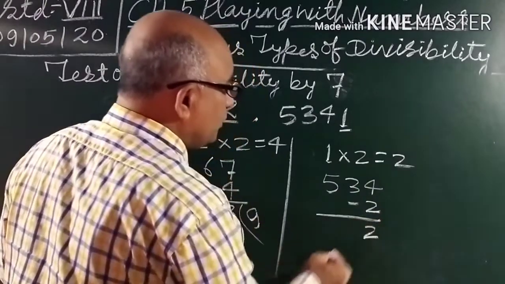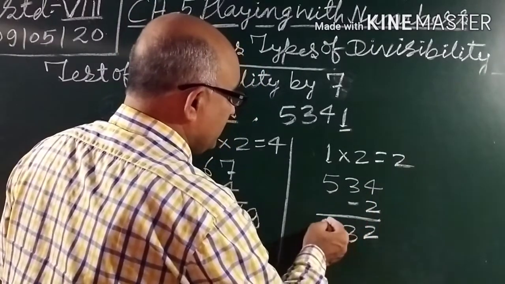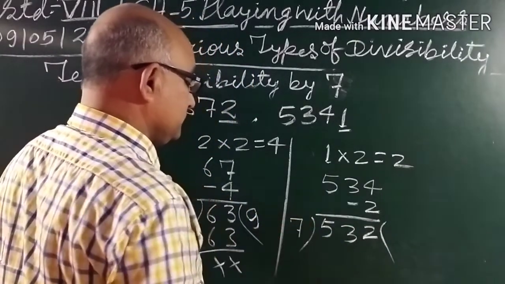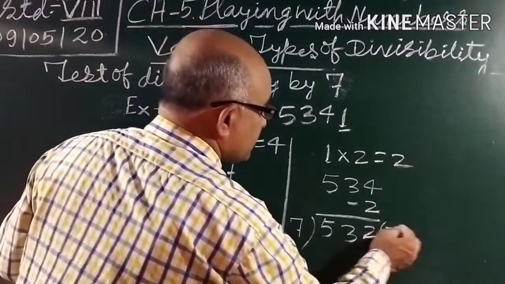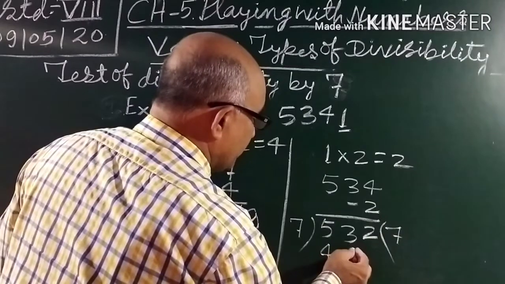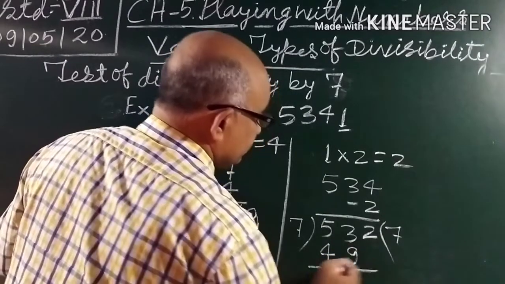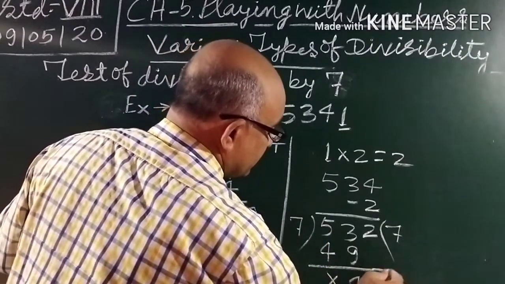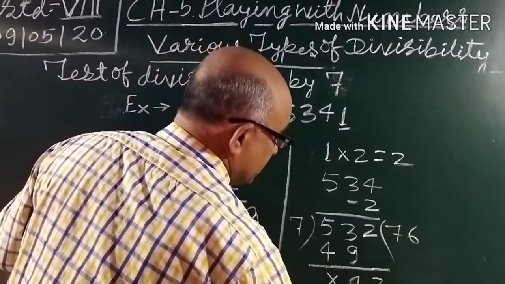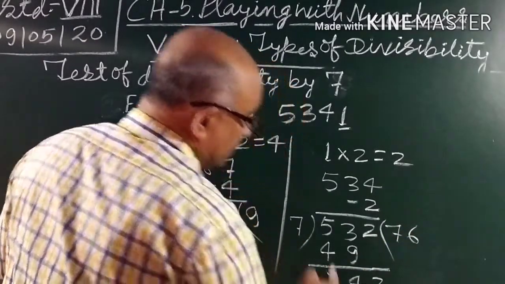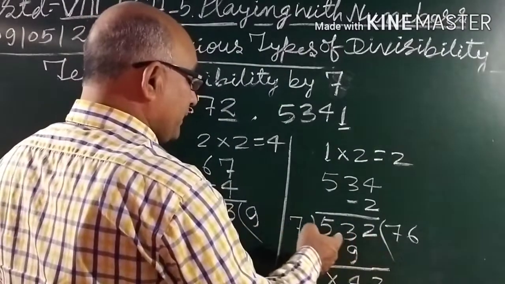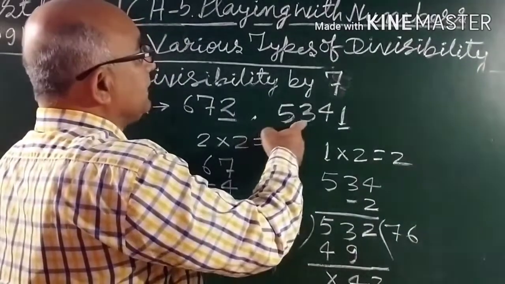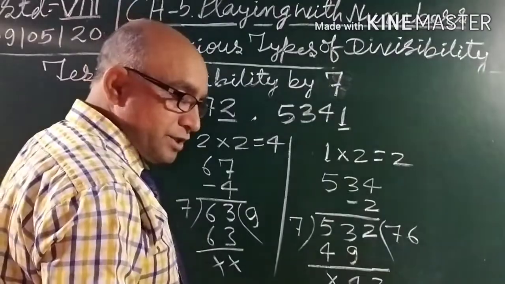So 4 minus 2 is 2, and 3 and 5, 532. Now divide it by 7. 7 sevens are 49. 13 minus 9, 4. 4 minus 4, cancel. 2. 7 sixes are 42. It is divisible by 7. 532 is divisible by 7. So 5341 is divisible by 7.